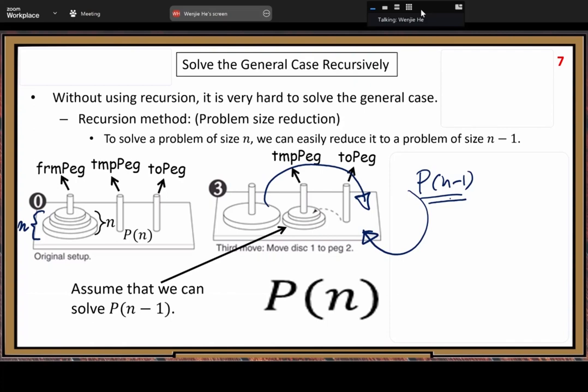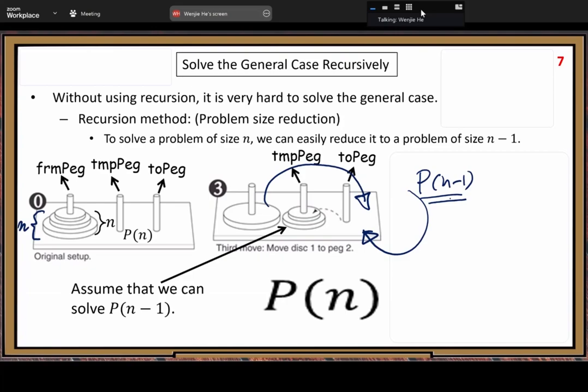So here you can see, for this very complicated problem, when we use recursion, it's not hard. So let me implement these 3 steps using pseudocode.